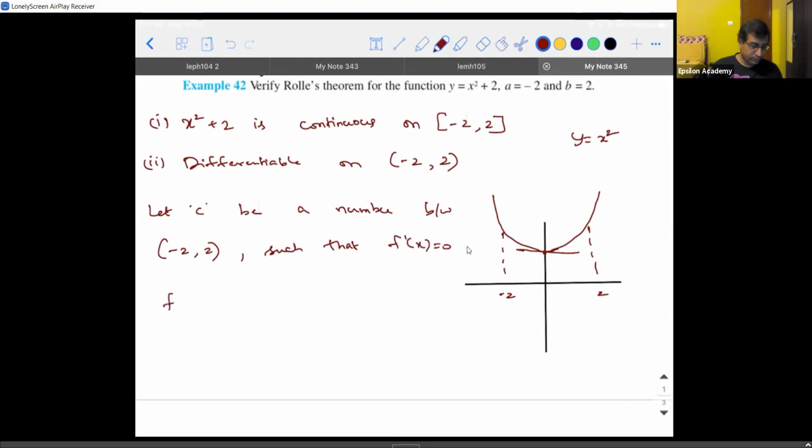So what is f dash of x? F dash of x is equal to 2x. If I put 2x is equal to 0, I get x is equal to 0. Since 0 is a number between minus 2 to 2, Rolle's theorem is verified. That's it.